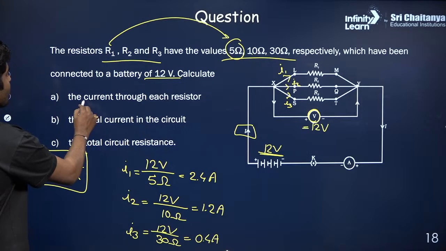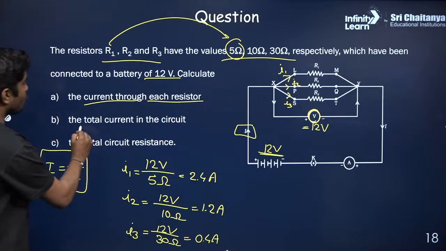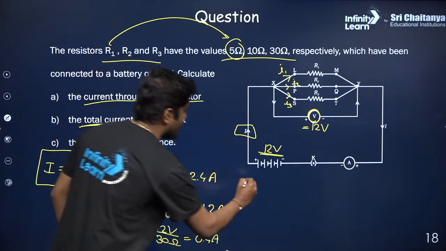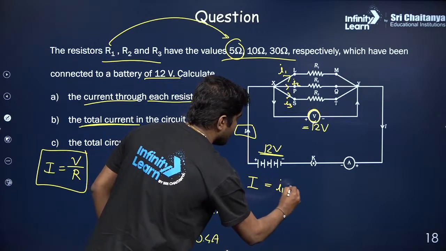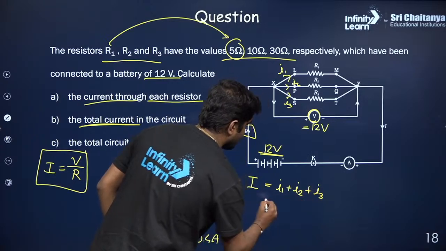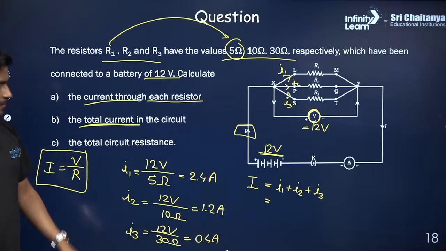So now we have calculated the current through each of them. The next one is the total current I. We know the total current I will be equal to I1 plus I2 plus I3. So what are I1, I2 and I3?